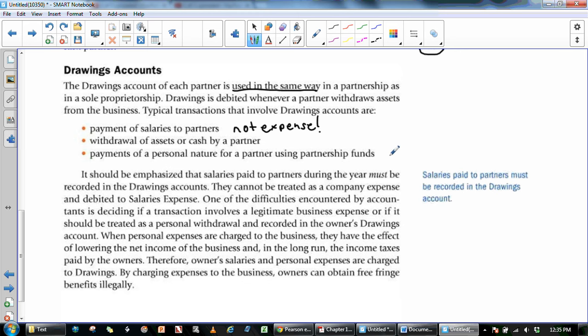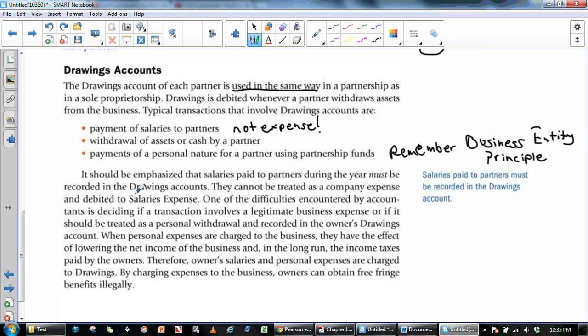We talked about the business entity principle. Remember the business entity principle, where business is separate from personal life. So any personal payments out of the business will go through drawings, will be a debit on drawings.